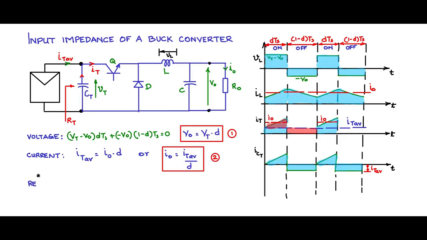We are interested in finding the input-output resistance relationship. So 1 divided by 2 will give you R naught, which is V naught by I naught, which is equal to VT into D divided by IT average by D, which will give you VT by IT average into D square.